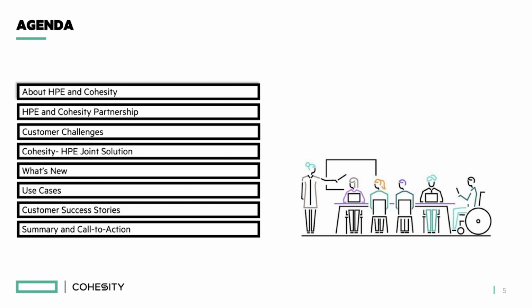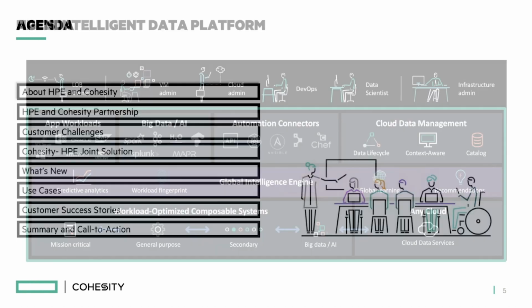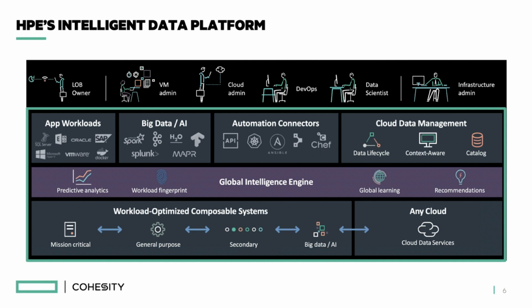What we have at HPE here is really our vision. At HPE, our strategy is really to drive and deliver an intelligent data platform for our customers that really turns their challenges into business opportunities. It begins with workloads, optimized, composable systems that span our mission critical arenas, our customers' general purpose footprint, all the way through secondary, through big data, AI workloads, et cetera.